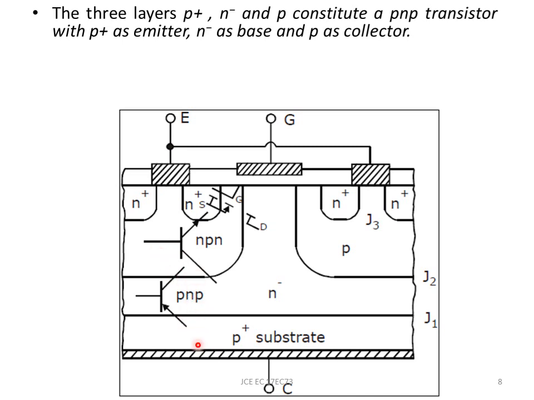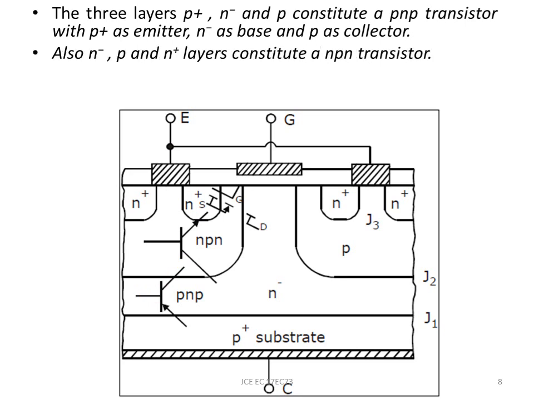So these three layers will form one PNP transistor with the emitter as P plus, N minus as the base and collector as P. And one more transistor is formed between N minus, P and N plus here.